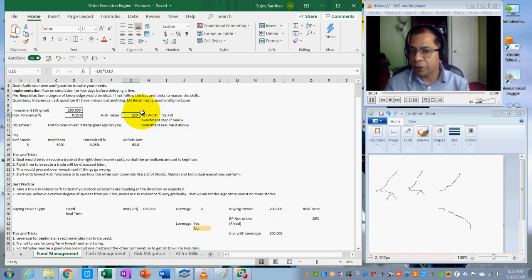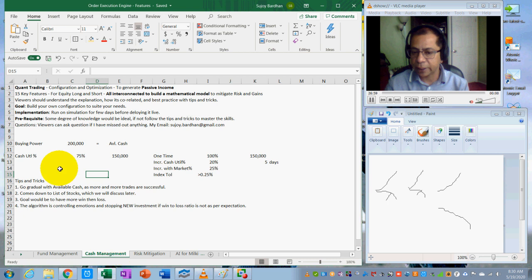So if you want your net worth to go up, there are a few things you need to do. First, get that list, get the sweet spot so that you are going in the direction of the trade which you want, and at the same time give a little bit more bandwidth on your risk tolerance so that you can invest in more stocks, and come back to the cash management side and increase it say from 50 to 75 and get a little bit more extra cash available to you.